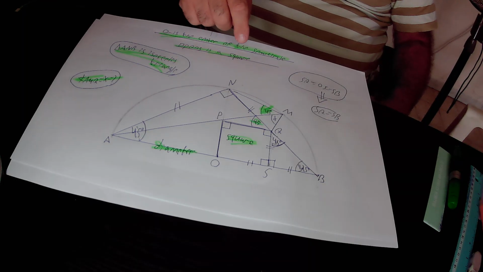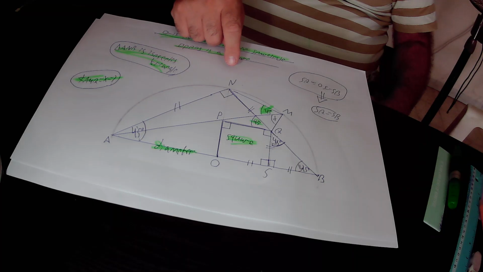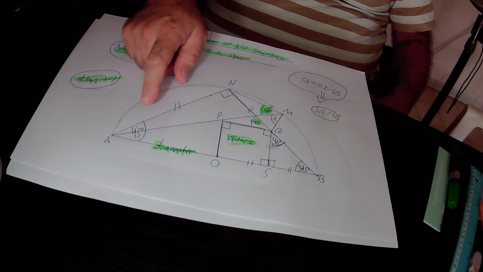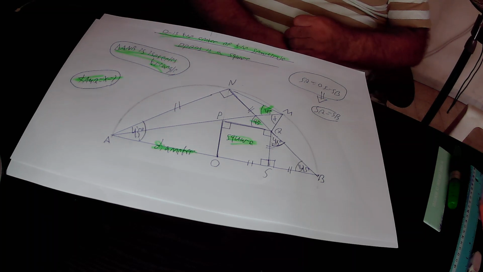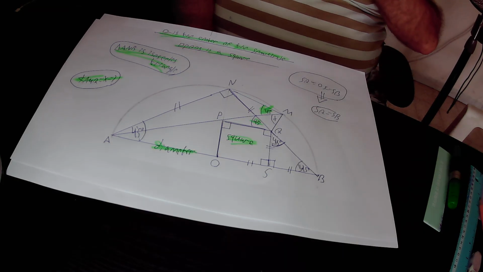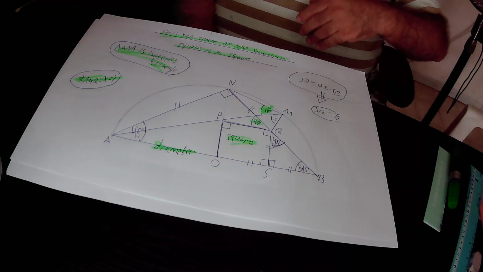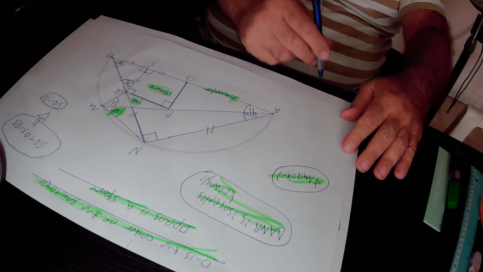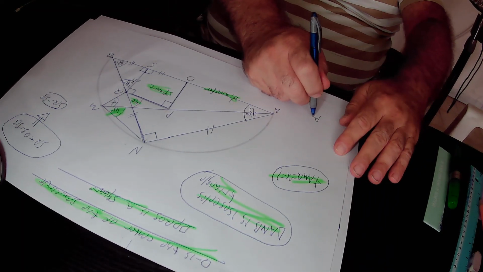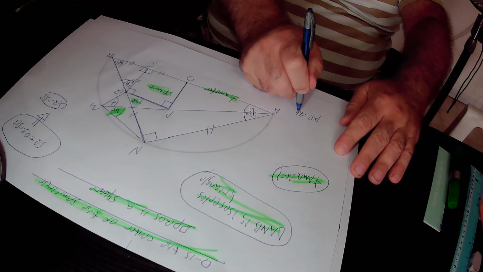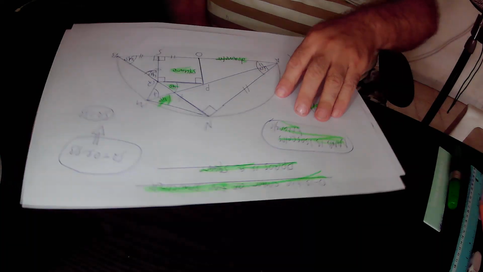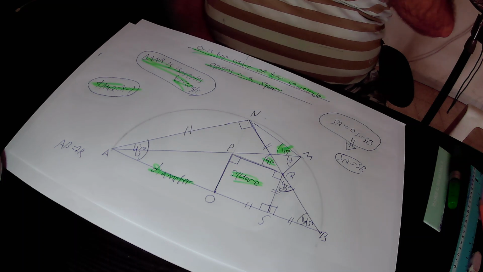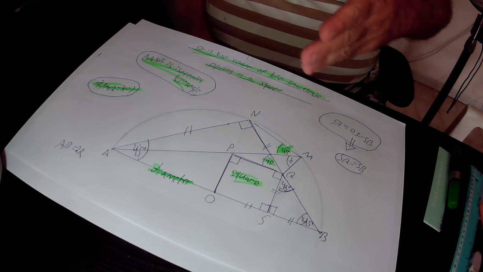Therefore, according to rule 24, the perpendicular from point N to the base AB bisects the base AB, but the base AB is also the diameter of the semicircle. If the radius of this semicircle equals R, then the diameter AB equals 2R. The perpendicular divides the base AB into two halves.